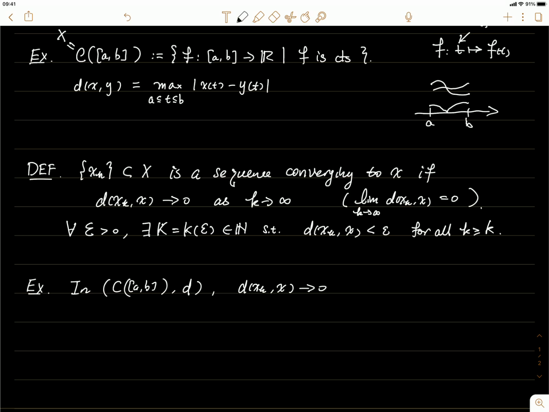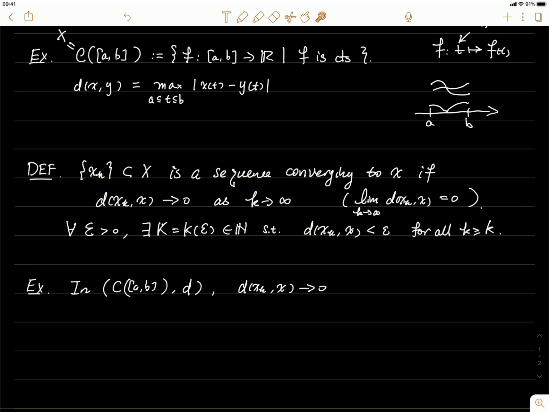In this case, the distance going to 0 means that if we replace this by xk and this by x, then the maximum value of the absolute value of the difference between xk and x is going to converge to 0.